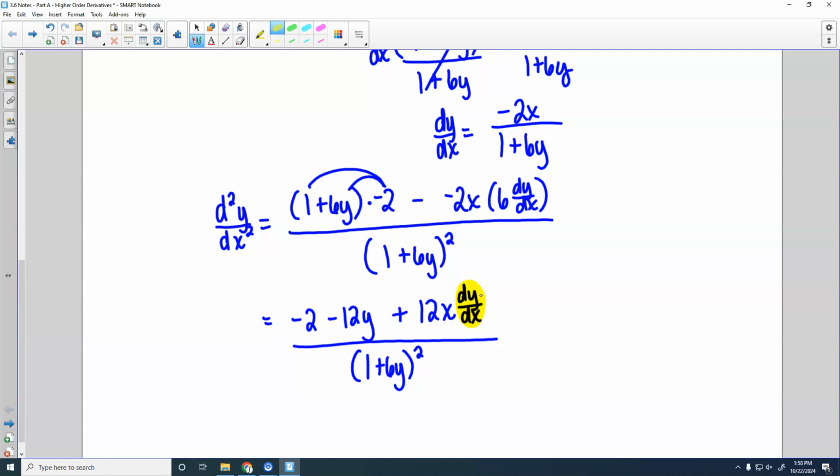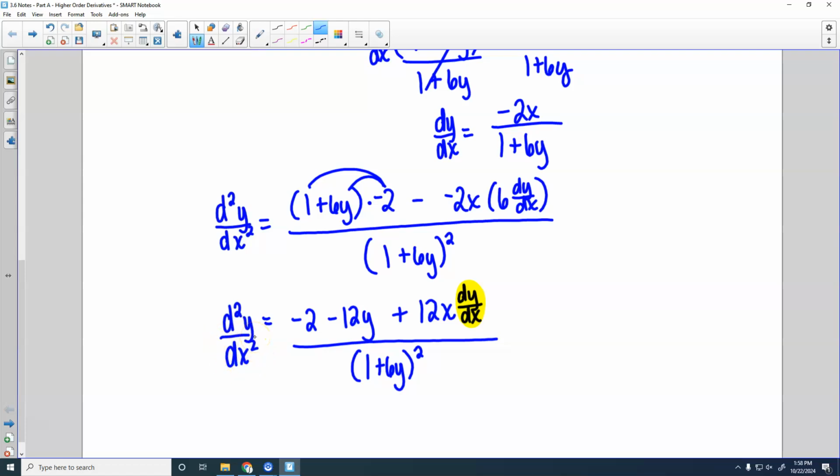You could, but it would not get you anywhere because it wouldn't cancel with this one. You'd just end up with more dy's in the top and a dy in the bottom. Well, we don't, because you've got this second derivative here, and that's what you're trying to find.